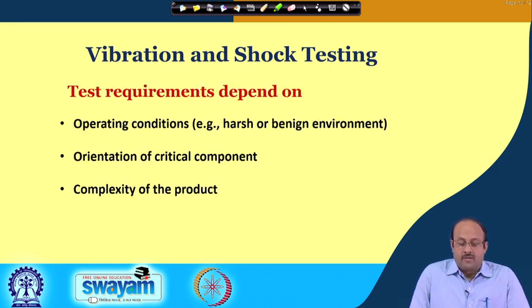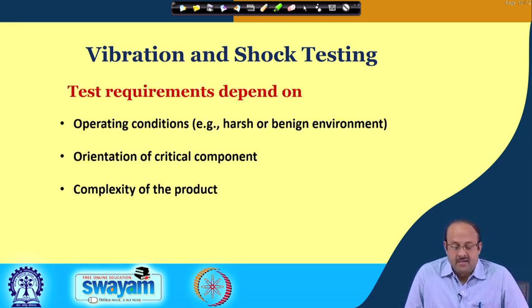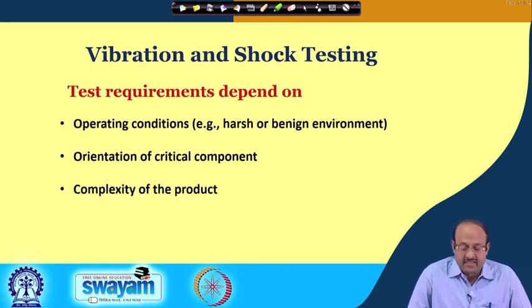Now, the test requirements for vibration and shock testing. Operating condition is one of the most important parts of the test requirement. That means there are certain operating conditions which are not very harsh.